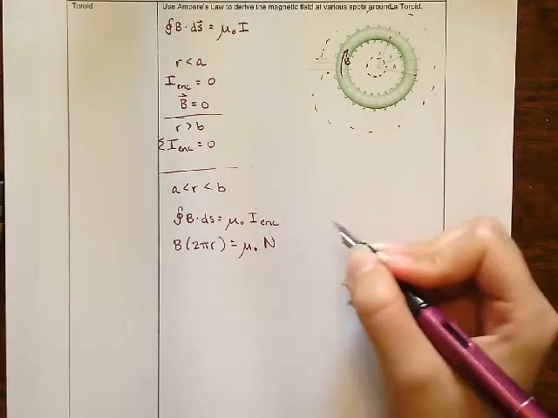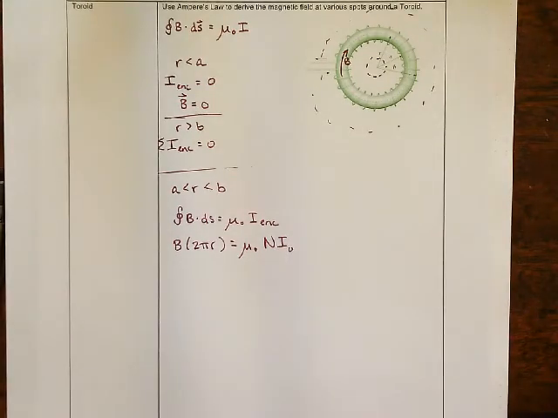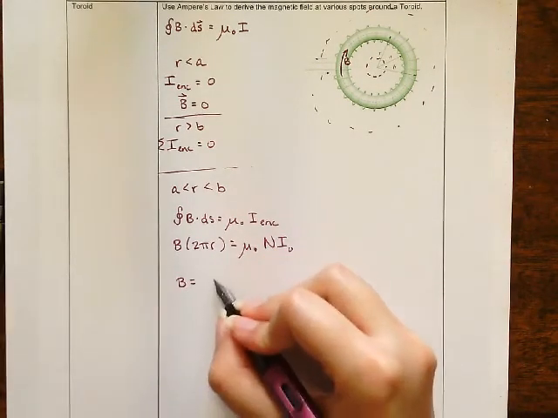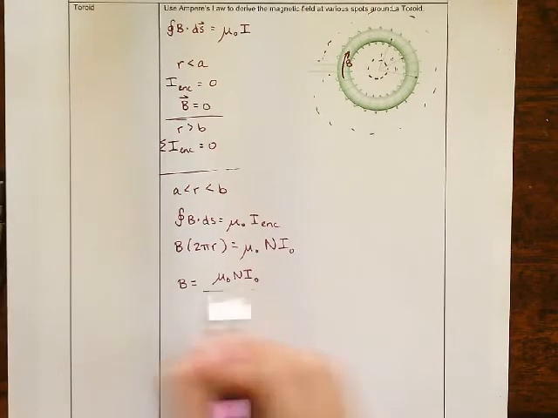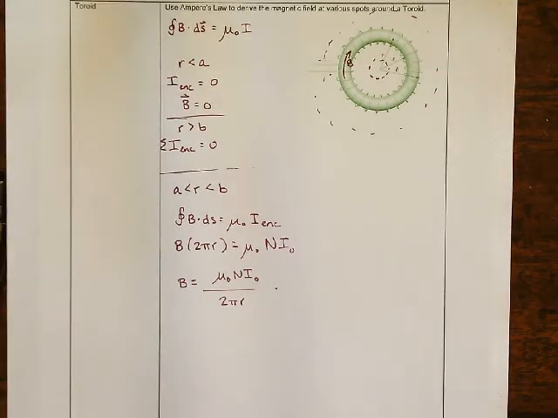Let's just say that it's N number of loops times the current flowing through. And we rearrange, like so, and we are done. It takes a little bit of practice, just like Gauss's law. You definitely prefer your problems to use Ampere's law over our next topic of discussion, which is going to be the Biot-Savart law.